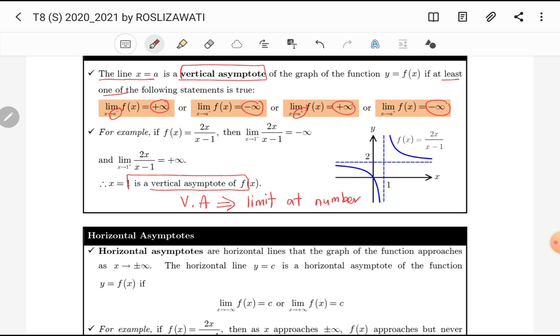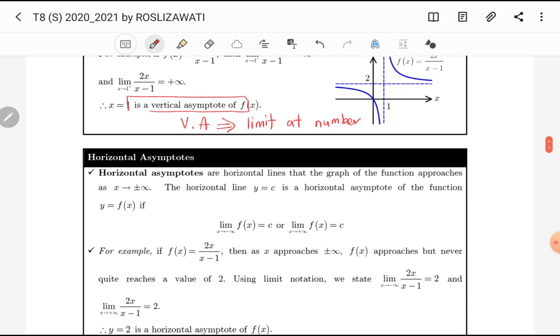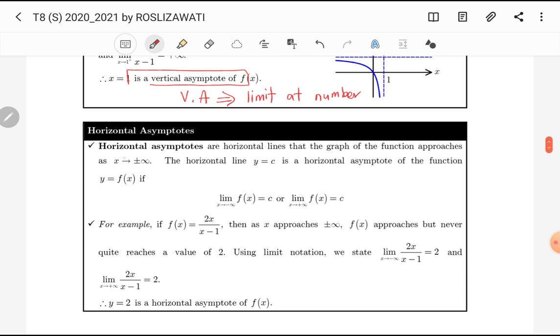Okay, we go to the next one, horizontal asymptote. Horizontal asymptotes are horizontal lines that the graph of the function approaches as x approaches positive, negative, infinity.